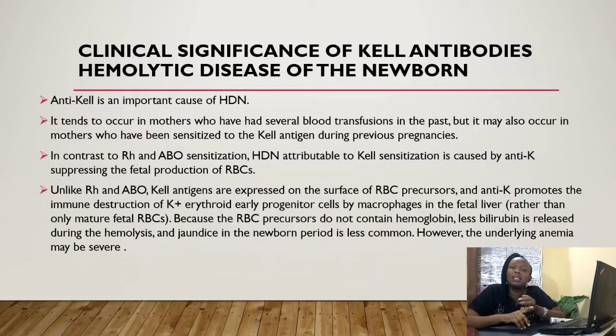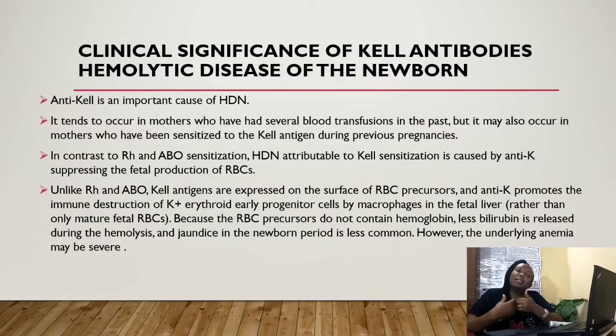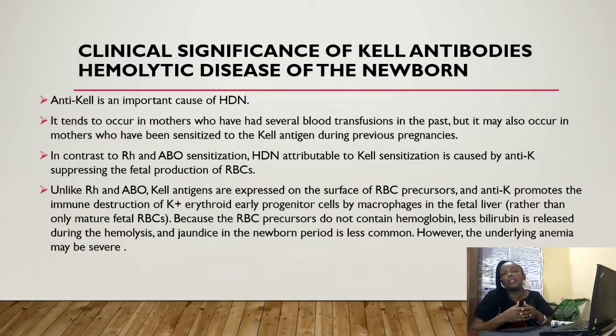Number two, these red cell precursors are not well hemoglobinized. So the bilirubin that is formed as a result of their destruction is not much. Unlike in HDN caused by RH, where the mature red cells are destroyed more than the precursors, and you have a lot of bilirubin being formed, and the baby is born with severe jaundice.